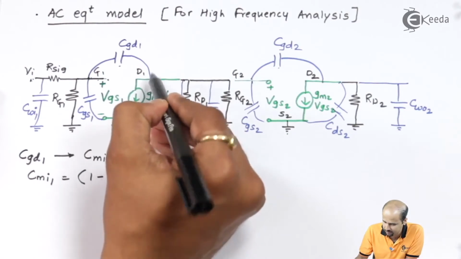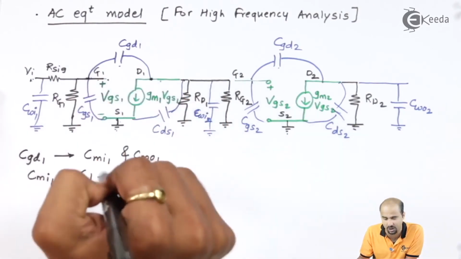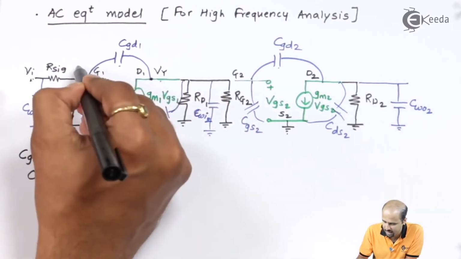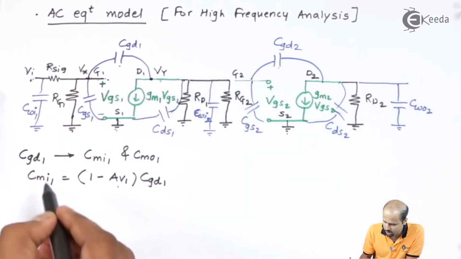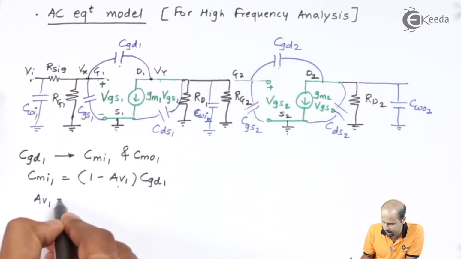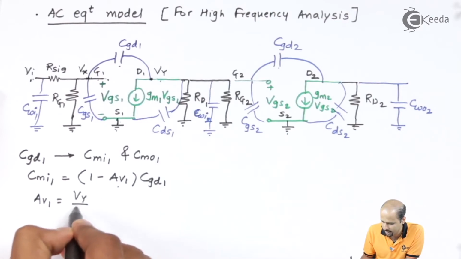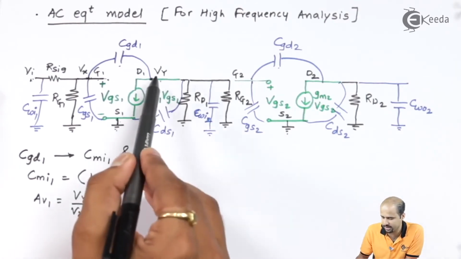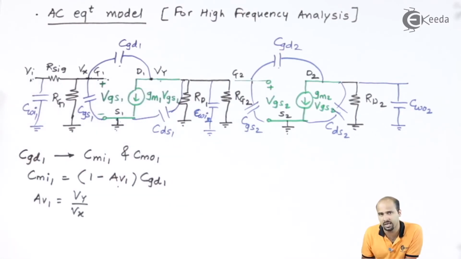So I will name this AV1 differently. We can say that this voltage is Vy and this voltage is Vx. So AV1 is equal to Vy divided by Vx. You may get a wrong answer if you consider Vy divided by Vi directly as AV1. You don't have to consider this R signal.